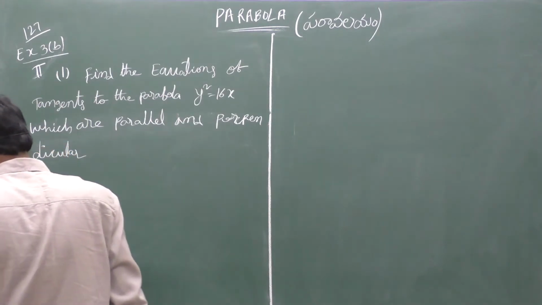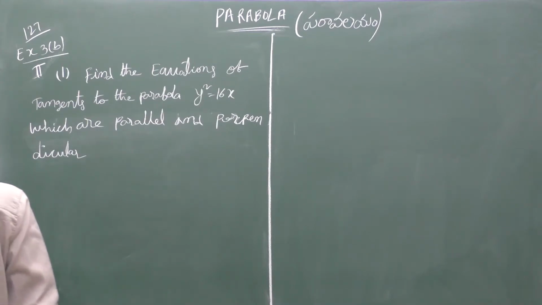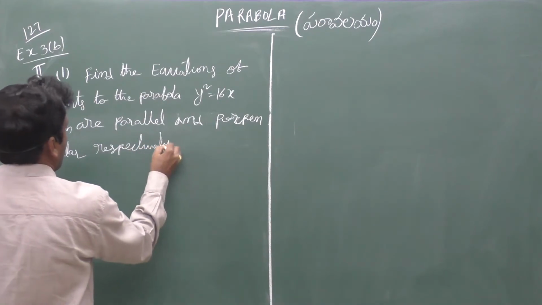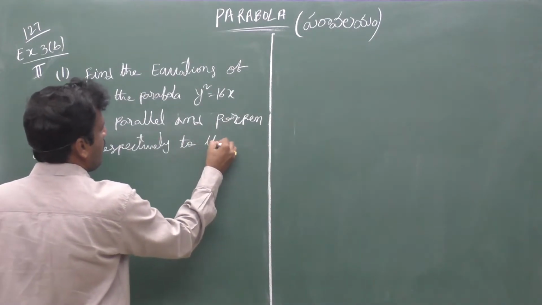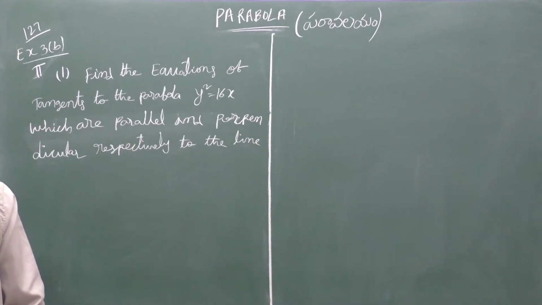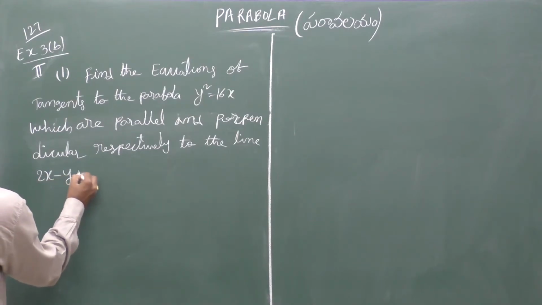respectively to the line 2x − y + 5 = 0.